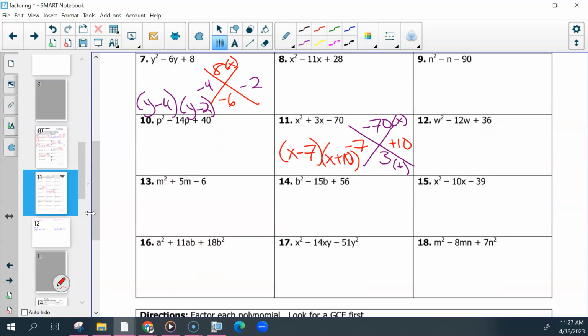Alright, one more, and then we'll switch to the last type. So number 14. Think of two numbers that multiply to be 56, but add to be negative 15.